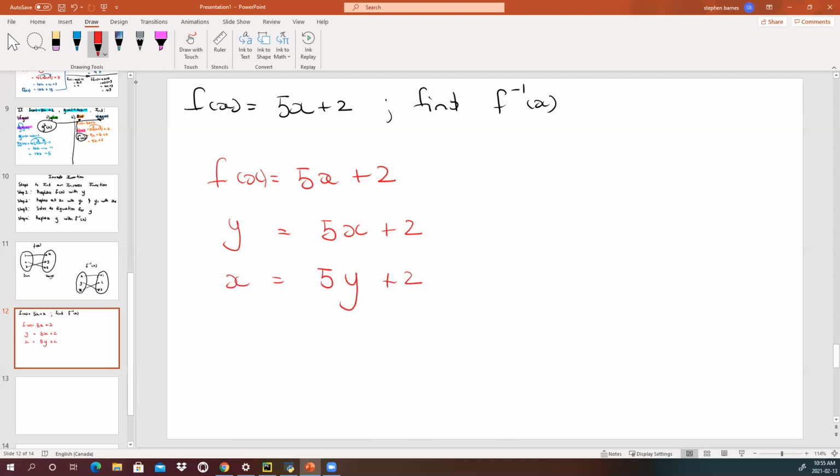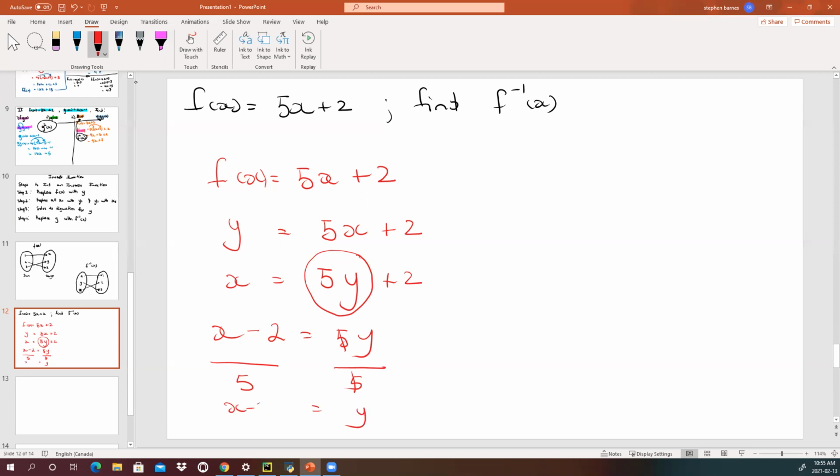Step 3 says solve the equation for y. So you have your y right here, and you're going to solve for y, which is what we call making y the subject of the formula. I'm going to do that by carrying over the positive 2. It becomes minus 2, so x minus 2 equals 5y. Then I have to divide both sides by 5, which is the same as carrying over the 5. It becomes a divide, sorry.